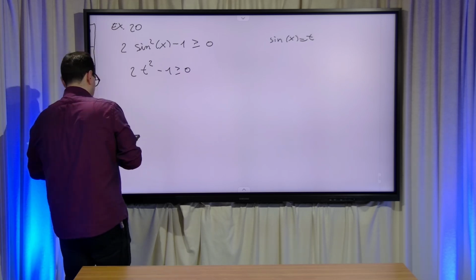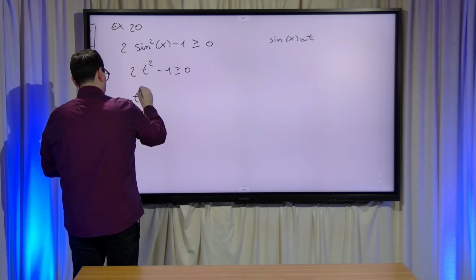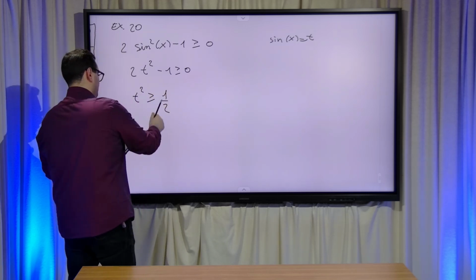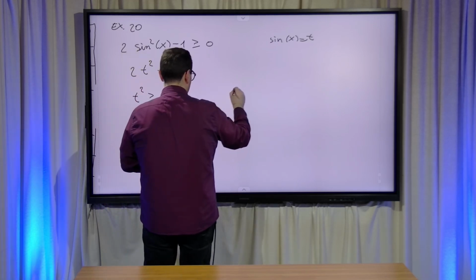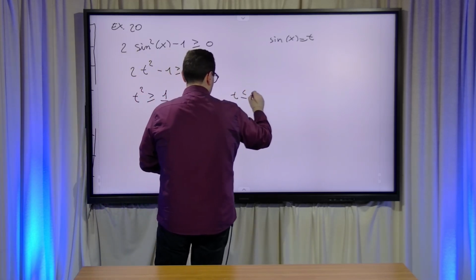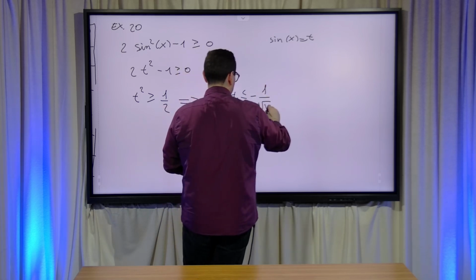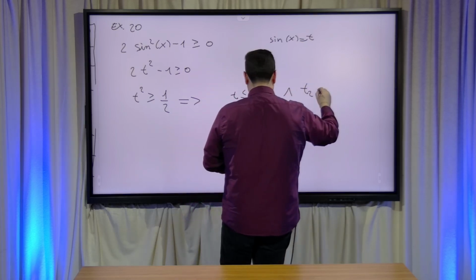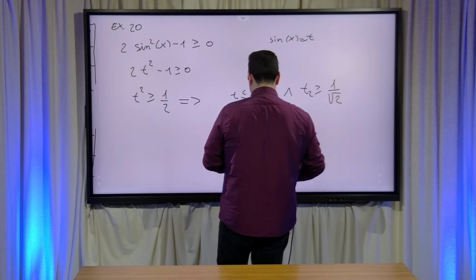From this I get that t squared is greater or equal to 1/2, and the solution of this inequality is t less than or equal to minus 1 over square root of 2 and t greater than or equal to 1 over square root of 2.